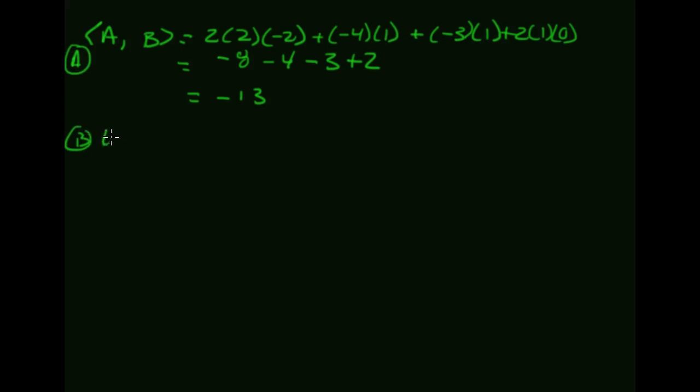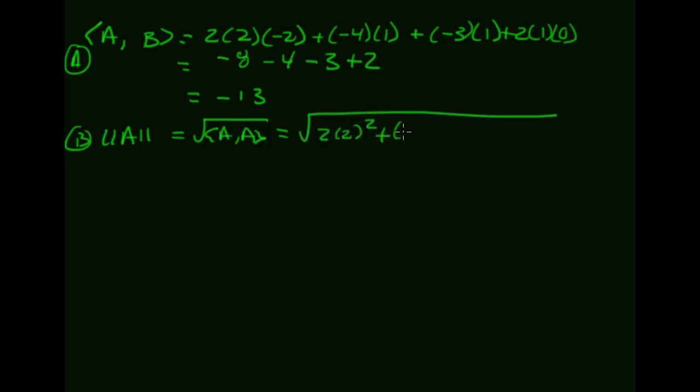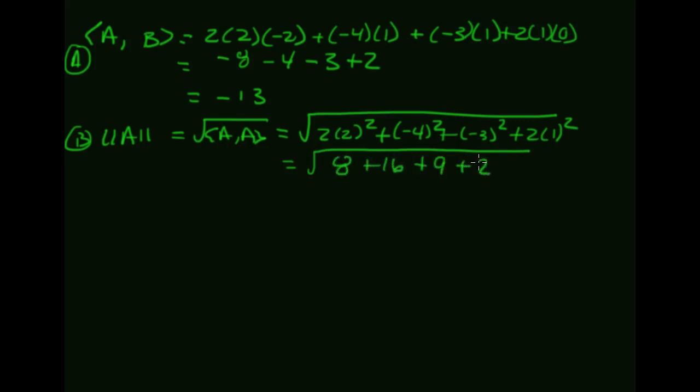Part B asks us for the magnitude or the norm of A, which is the square root of the inner product of A and A. So this is going to be 2 times 2 squared, plus negative 4 squared, plus negative 3 squared, plus 2 times 1 squared. So let's see, that's 8, 16, 9, and 2, which becomes the square root of 35.